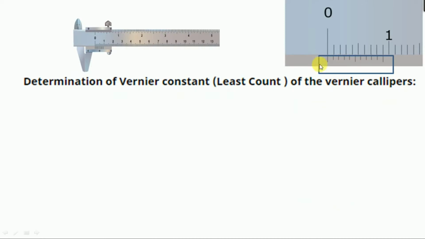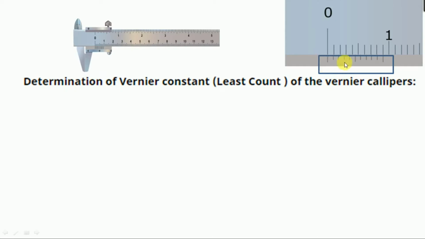In order to take the measurement using a vernier caliper, we should know the unit of one division of the vernier scale. For the main scale we already know it is 1 millimeter or 0.1 centimeter, but for the vernier scale we don't know. So first we have to find the least count, that means the measurement of the smallest division of the vernier caliper.